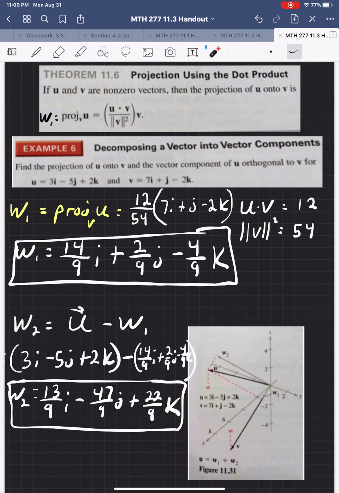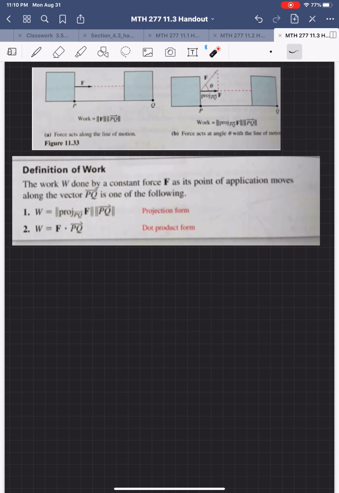So enough with the theory. Let's actually look at an application of some of this work, and let's see if this diagram is enough to help you. So the application that we're going to look at is the idea of what's called work.